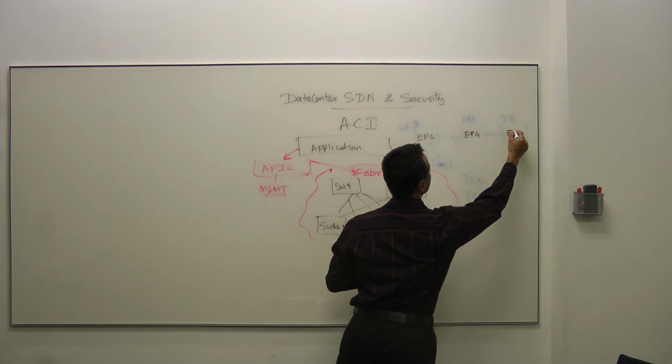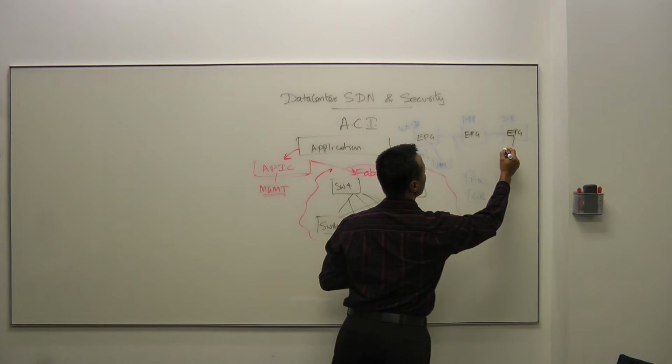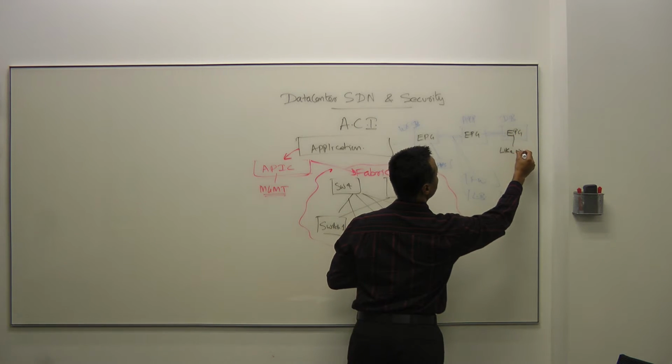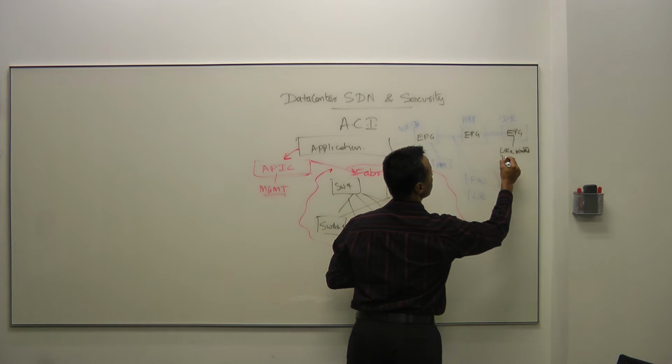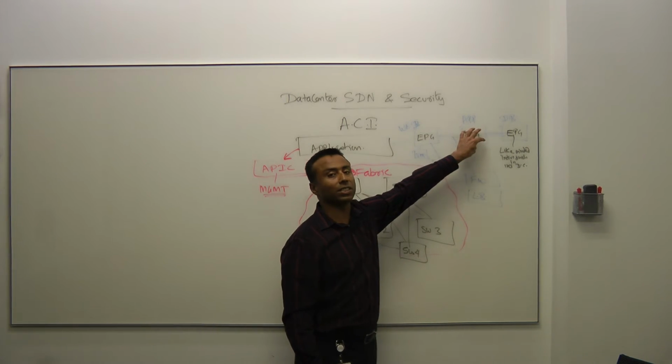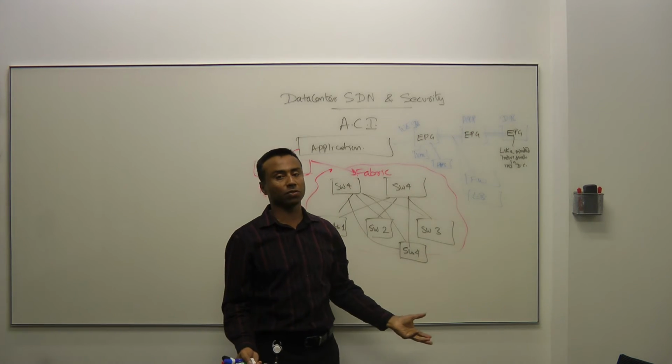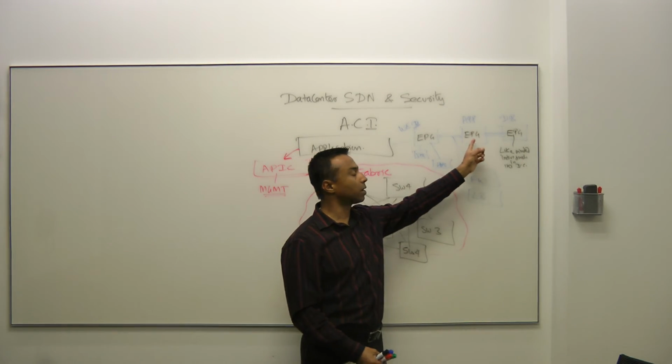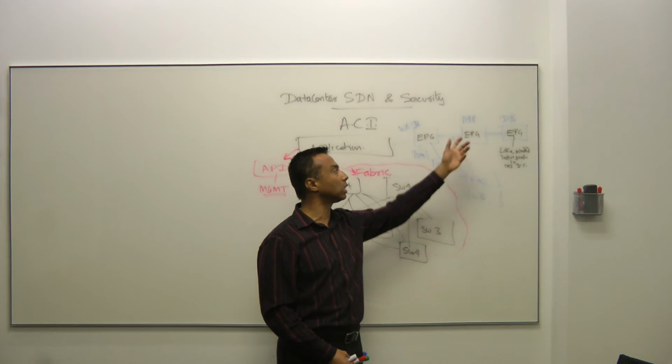EPGs are nothing more than a collection of like-minded individuals. What I mean by that is that a collection of devices that have the same requirements from the data center, we would put into a single group, and we call them an endpoint group.